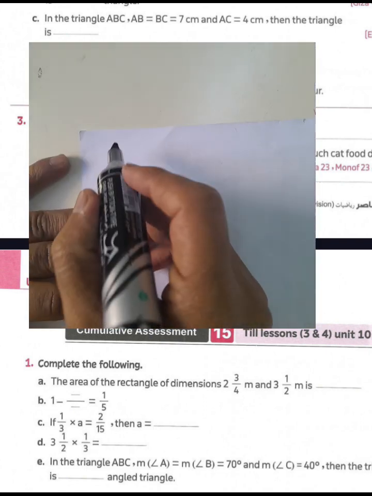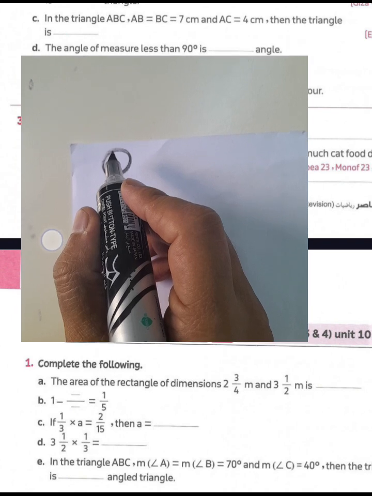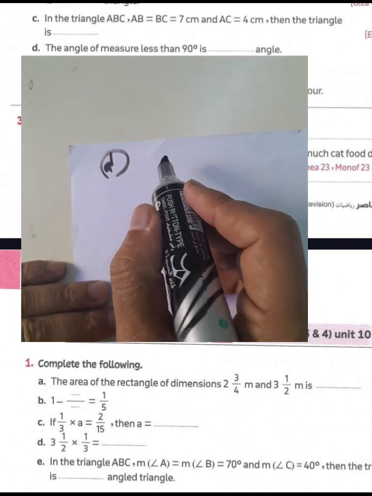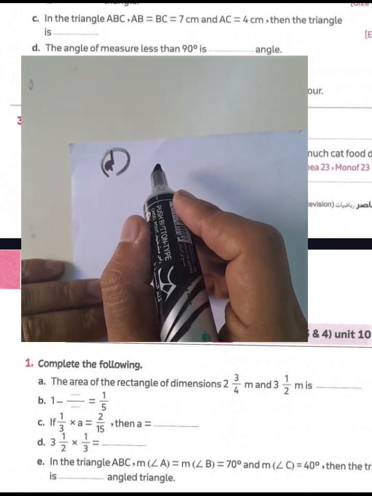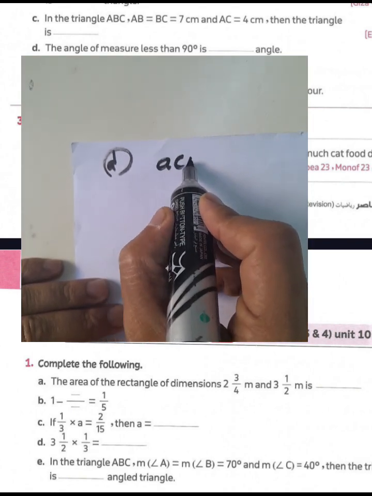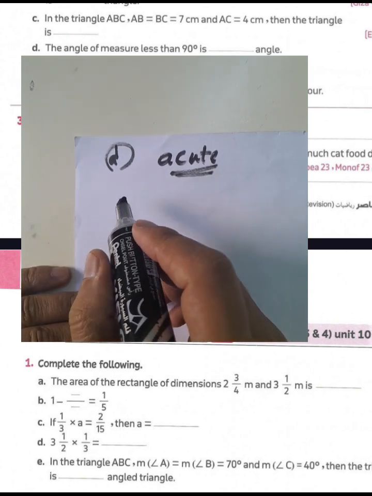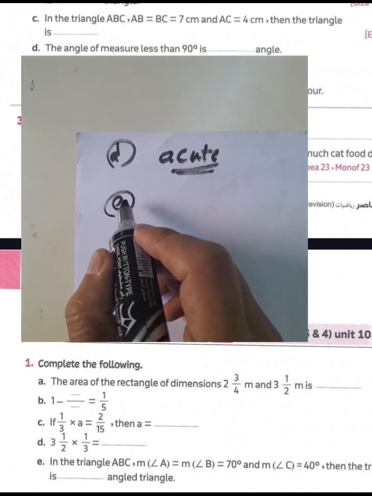Understood? Next question, letter D. The angle of measure less than 90 degrees is acute. Less than 90 degrees and greater than 0, we call it an acute angle.